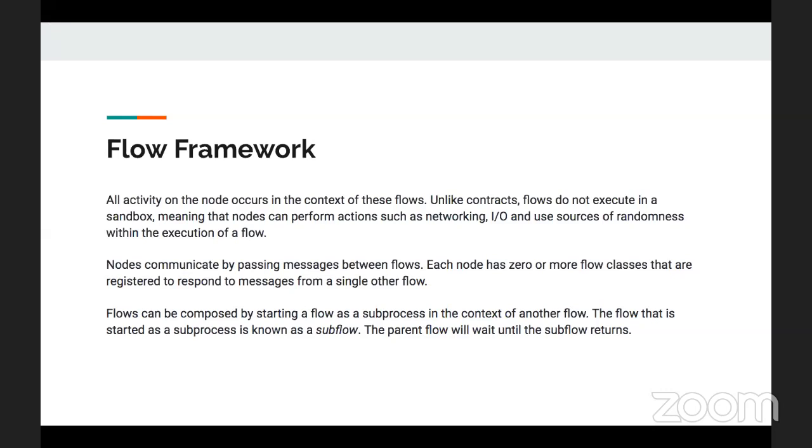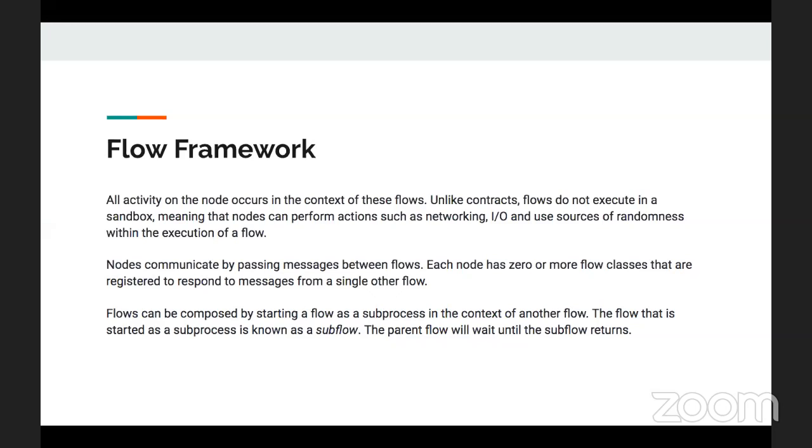So nodes communicate to each other by passing messages between these flows. Each node can have 0 or more flow classes, which are registered to respond to messages from another flow. And also we can construct subflows, like we can have a hierarchy of flows. So flows can be composed by starting a flow as a sub-process in the context of another flow.